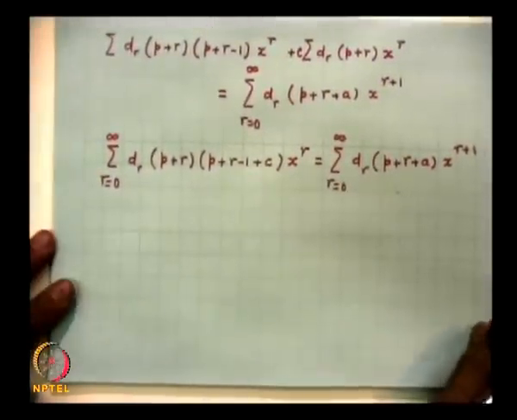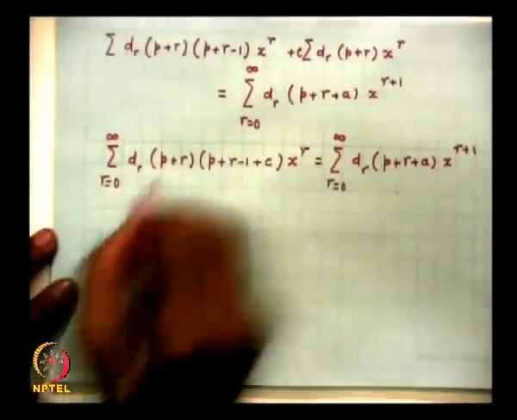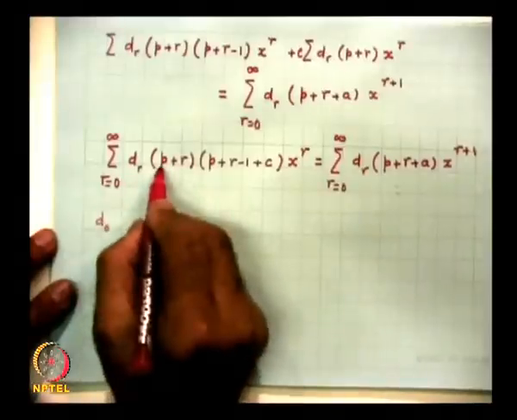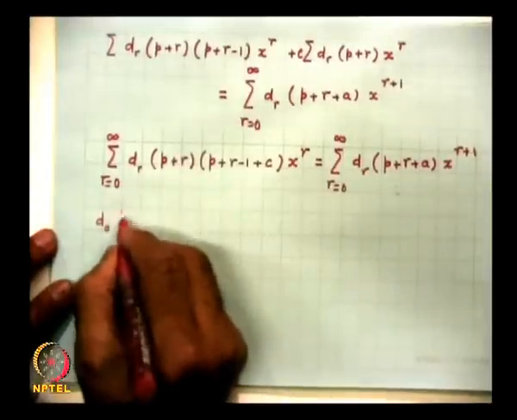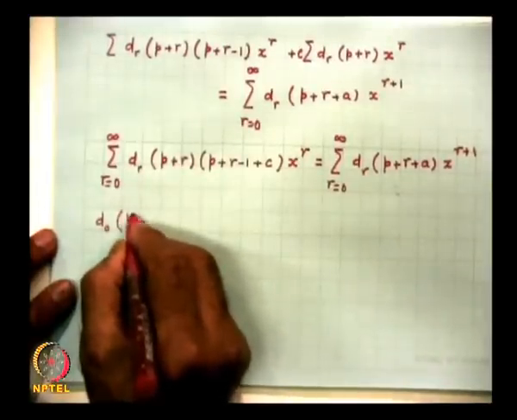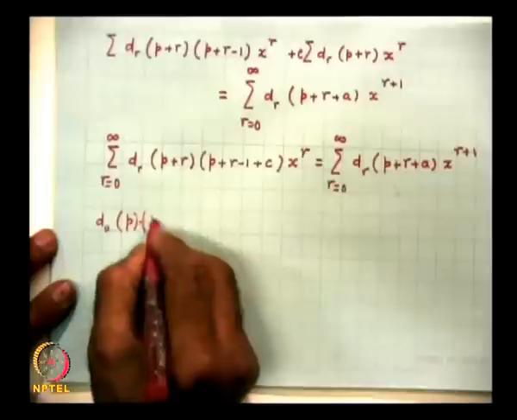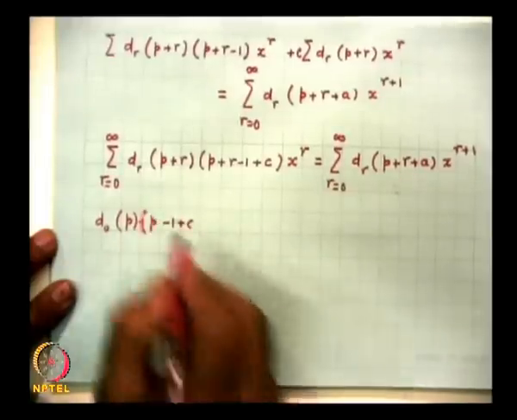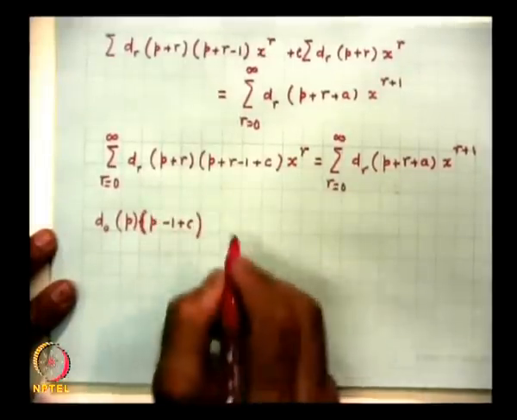So, you have here an equation. The first coefficient is d0. For r equal to 0, p multiplied by p minus 1 plus c, x to the power of 0.